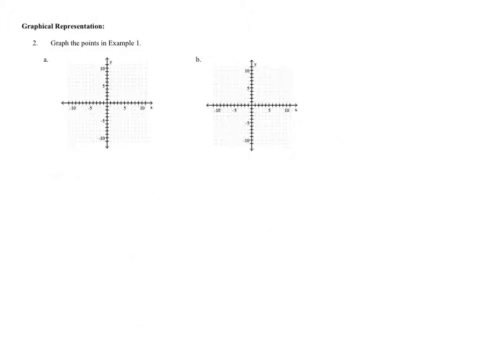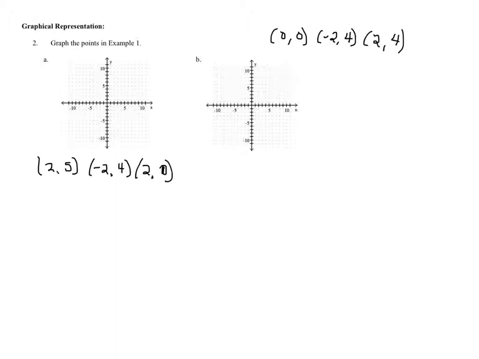Now, from the other example, if I want to graph the points, I wrote the actual points here so that we would be able to recall them from the other example. So let's graph 2, 5, negative 2, 4, and 2, 0.